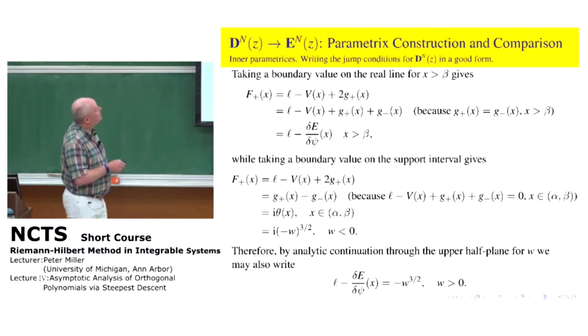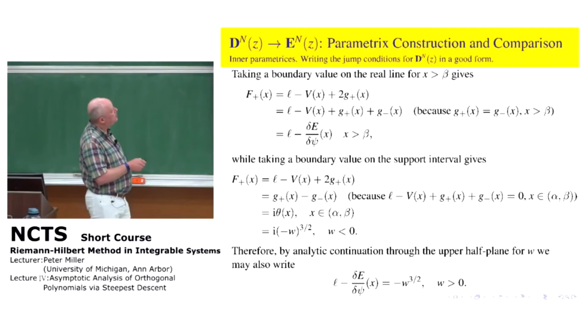So if we take a boundary value on the real line to the right of beta, then we have f plus is L minus v plus 2g plus, but g plus to the right is related to g minus by g plus equals g minus. That's right. So that means that we can replace 2g plus with g plus g minus.